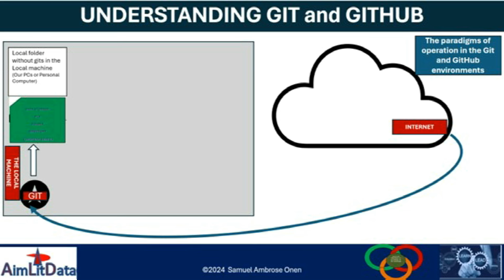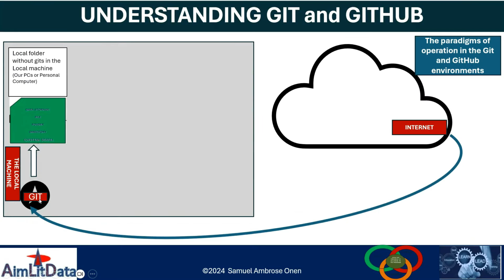We know that Git is here because we have installed it. But this folder here is not being recognized by Git. So we have to make Git recognize this folder.